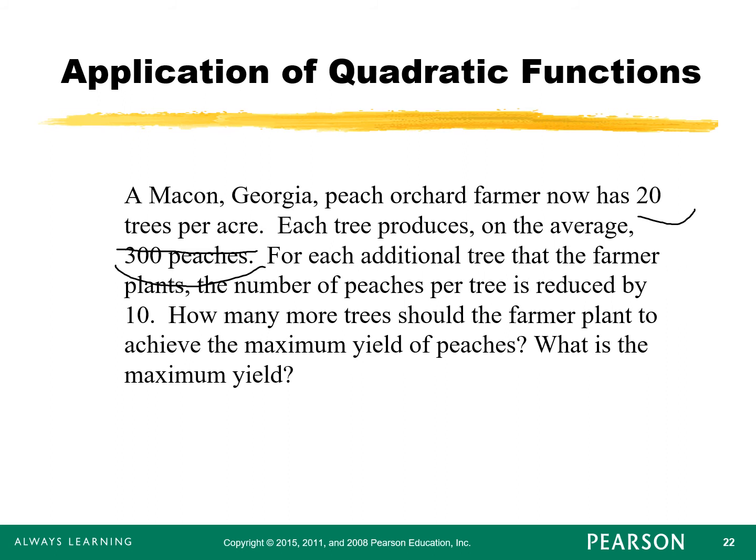For each additional tree that the farmer plants, the number of peaches per tree is reduced by 10. The question is, how many more trees should the farmer plant to achieve the maximum yield of peaches?